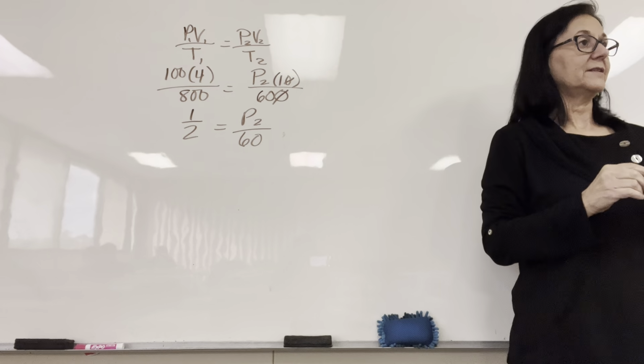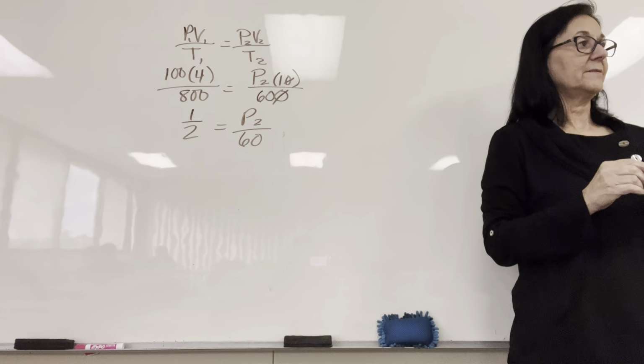Does anybody already know what the pressure has to be? 30, half of it. Okay, you could cross multiply. 60 equals, and then divide by 2. 30, and what was the measure? Newtons. And you can just write a big N for newtons. That means newtons per square meter.